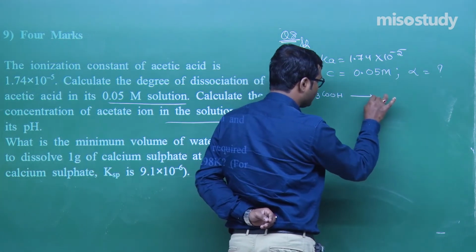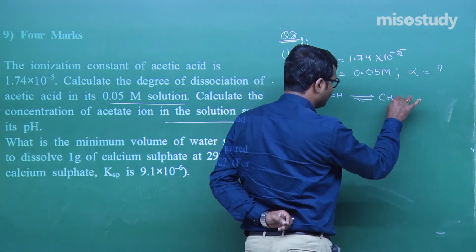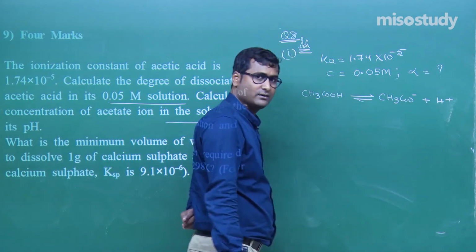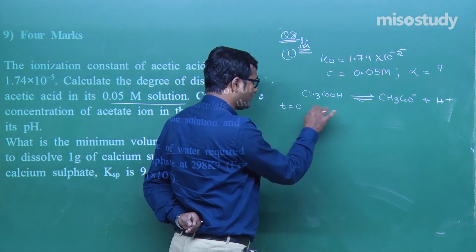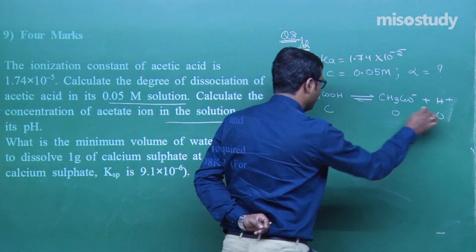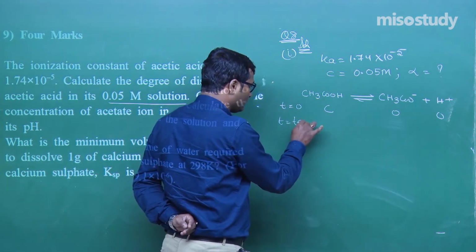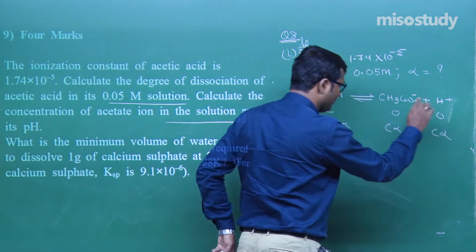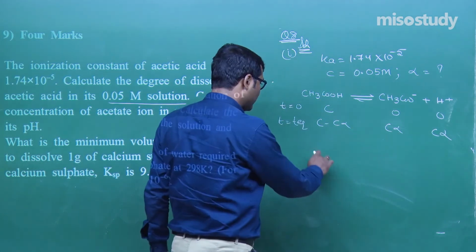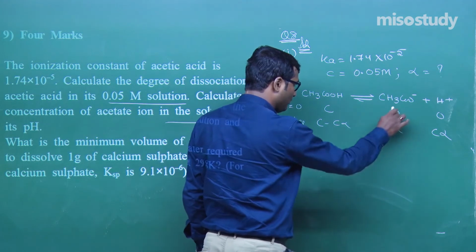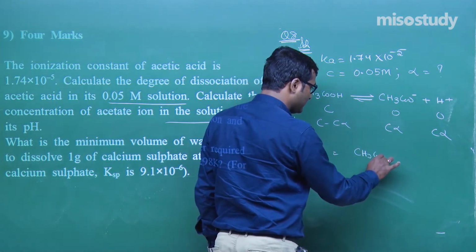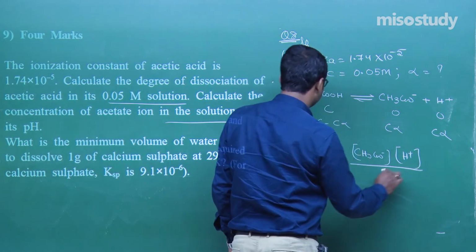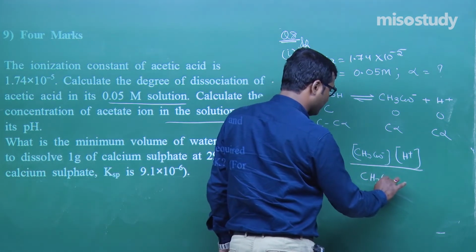CH3COOH dissociates like this: CH3COO minus and H plus. At time t equal to 0, the concentrations are C, 0 and 0. At equilibrium, they are C minus C alpha, C alpha and C alpha. Now, what is the value of Ka? It is the concentration of acetate ion CH3COO minus and H plus upon CH3COOH.